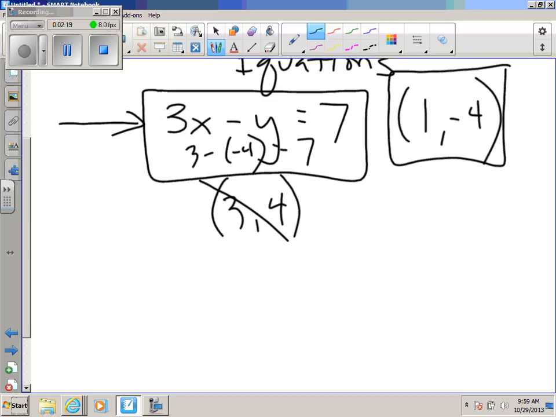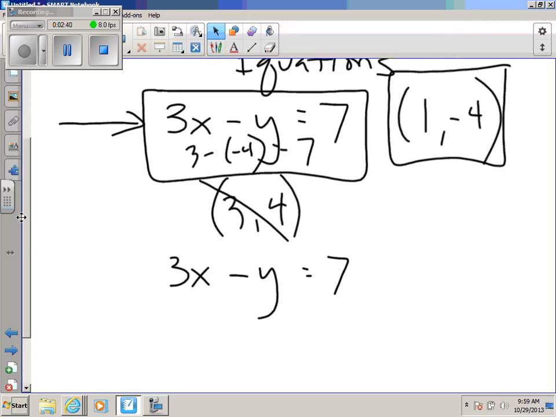They should all equal y. This doesn't equal y, it equals a 7. What can I do to this equation so that it equals y? Can I move this around so it equals y?